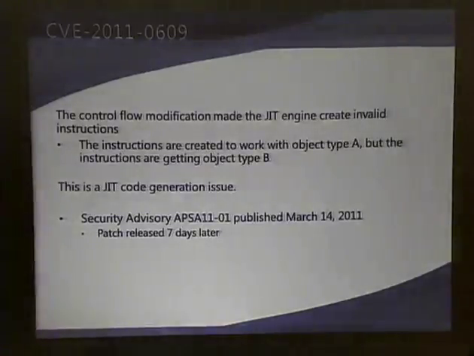The essence of these vulnerabilities is that some instructions are created to work with object type A, and somehow object type B is passed to those instructions. The JIT native code is meant to be processing some type A object, but the control flow passes some type B object to that JIT code. In that case, the type confusion is happening, right?